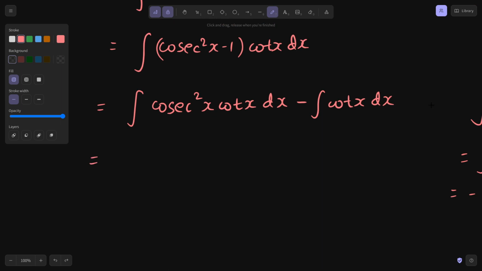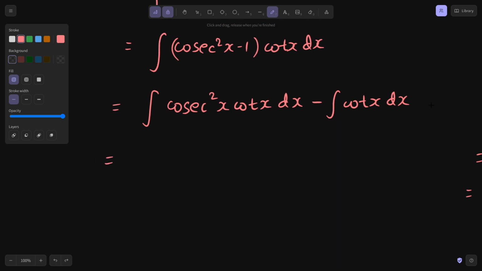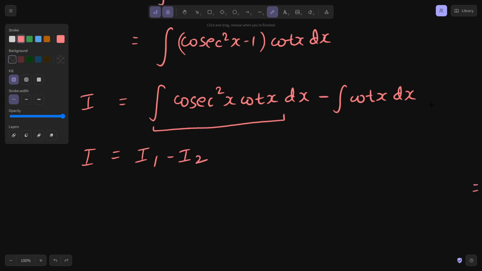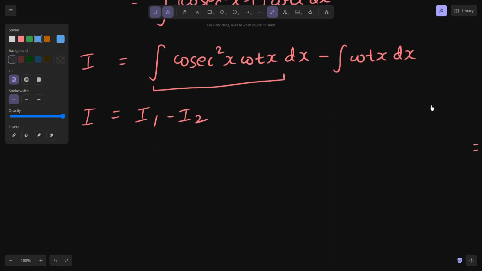So in this, if you take the complete thing as I, your I can be written as I1, if you take this as I1, minus I2, if you take integral of cot x as I2. So let's solve for I1. I1 is integral cot x and cosecant square x.